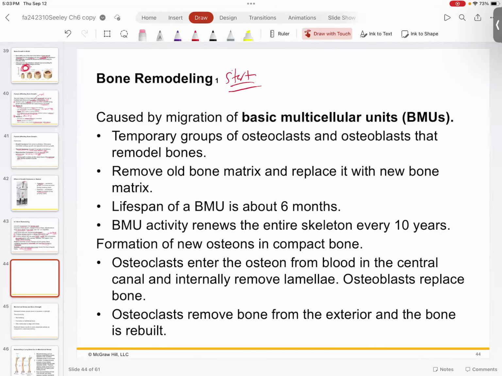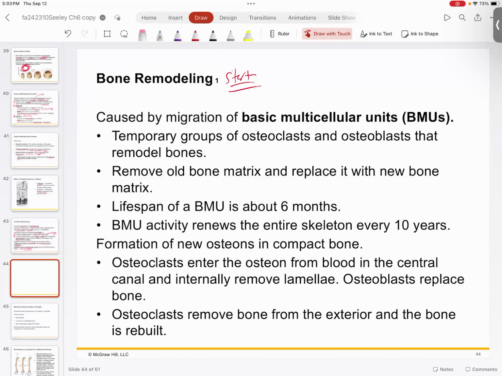This is your natural turnover. These BMUs are your normal turnover and replacement. You're constantly turning your matrix over, replacing it, refreshing it, and that's happening in the background.